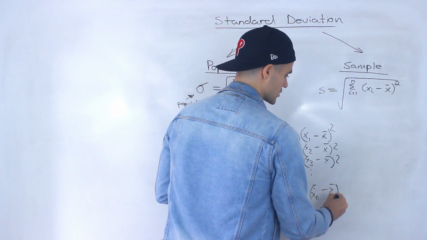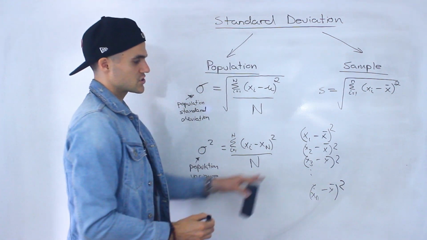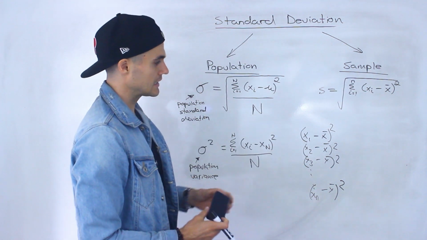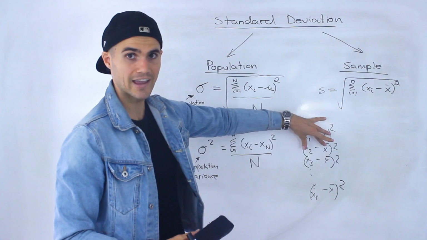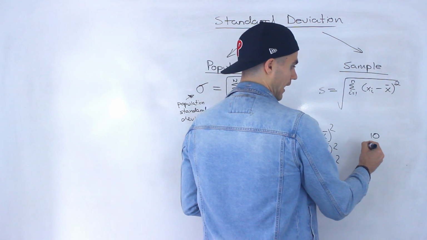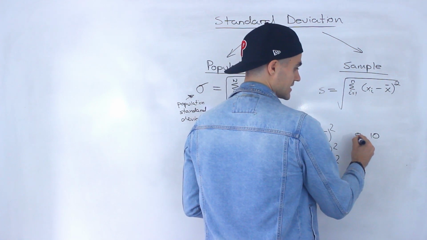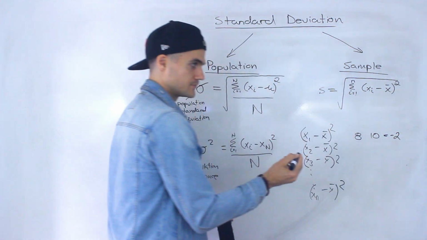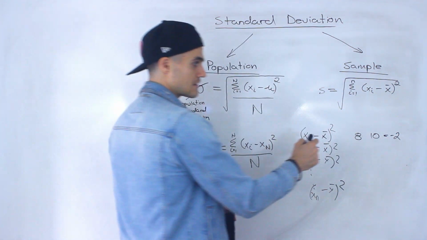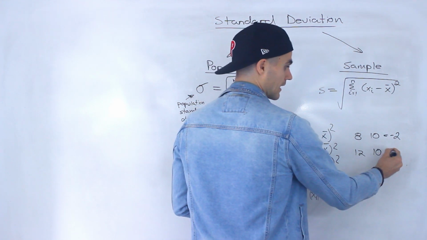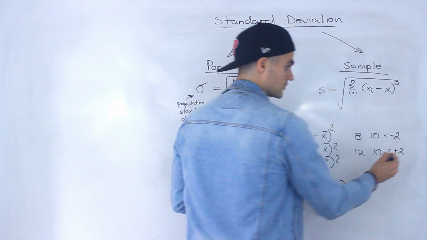all of those deviations. The reason why we square the deviations, by the way, I didn't mention this in the population standard deviation, is because a lot of times these are going to be negative. So for example, let's say that the average is 10 and one of the observations is 8. Well, when you subtract these, you're going to end up getting -2, right? But let's say that another observation was 12 and then you got 10, and then this would end up being +2.